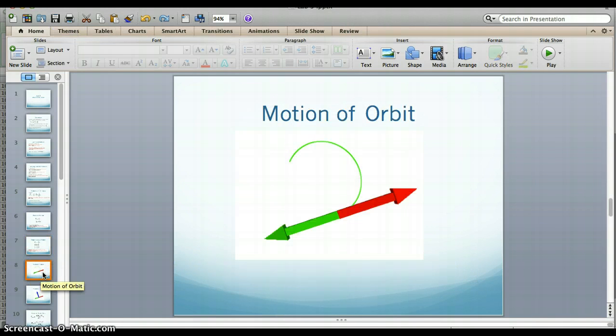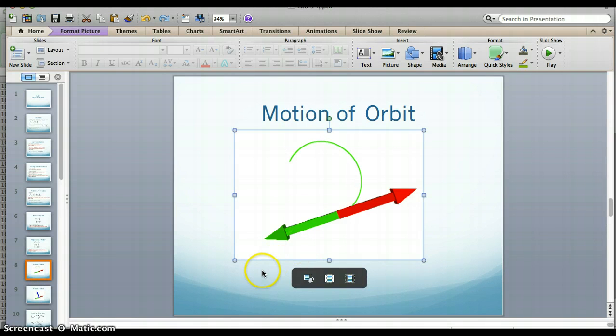So taking all of this information and running our computer program, we get this nice orbit where this green arrow represents the direction of the motion, or the direction of the momentum, and the red arrow represents the parallel component of momentum.